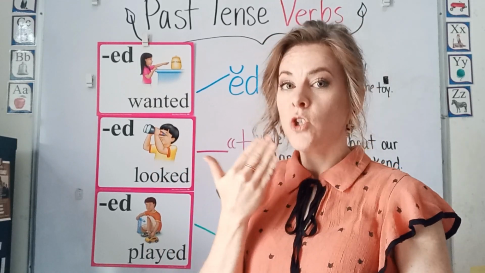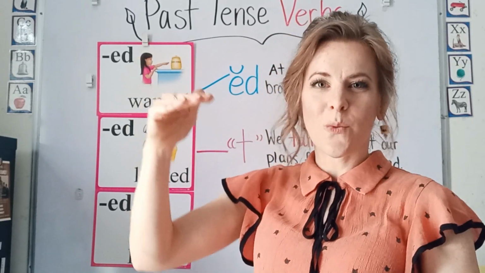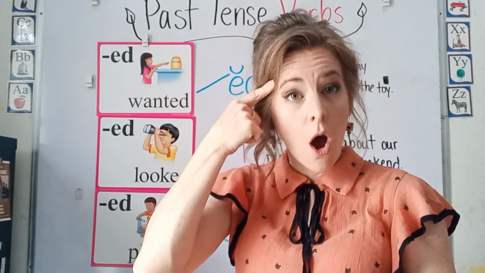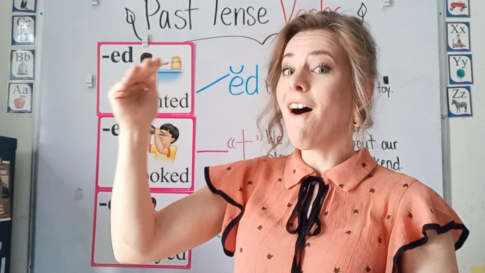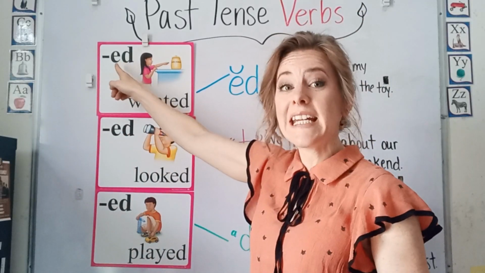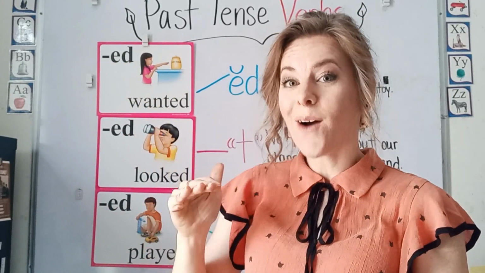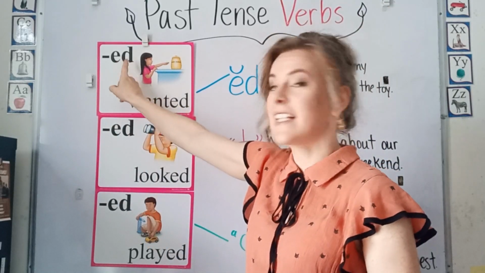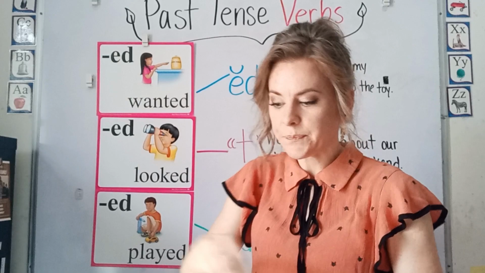The more that you talk and read, you will learn which ones go with the verb, but it's important to know that not all verbs with ed make the same sound.